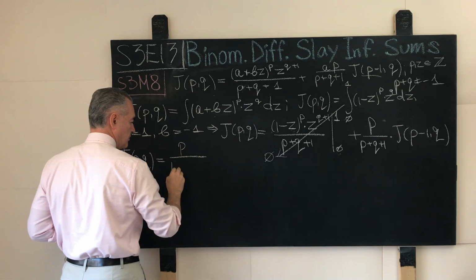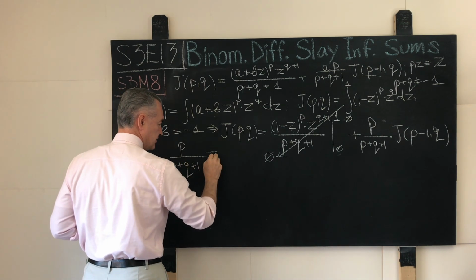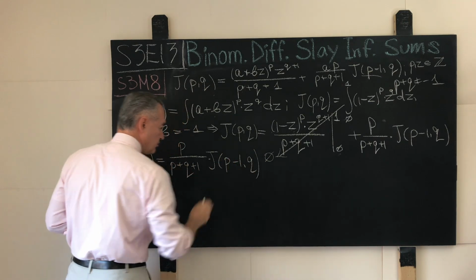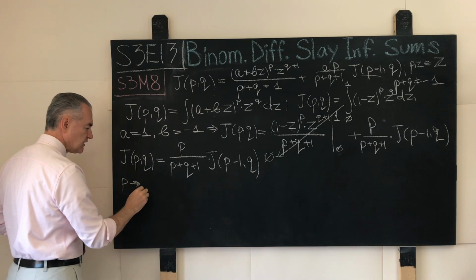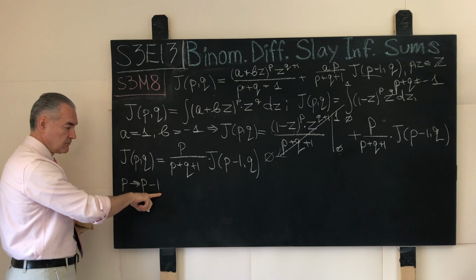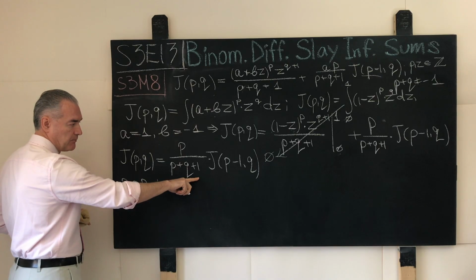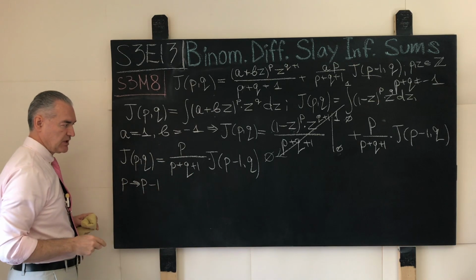So now let's write down in a more succinct fashion our integral with these particular values. It will be p over p plus q plus 1 times the integral J_{p-1,q}. Now the question is, when we begin iterating p down by stepping it down by one, what will the shape of this multiplicative constant in front of J be?